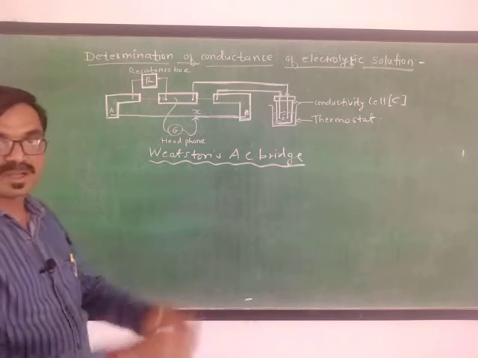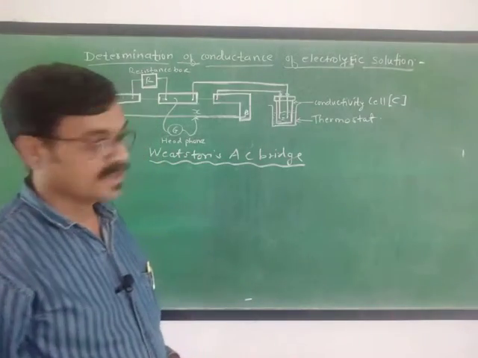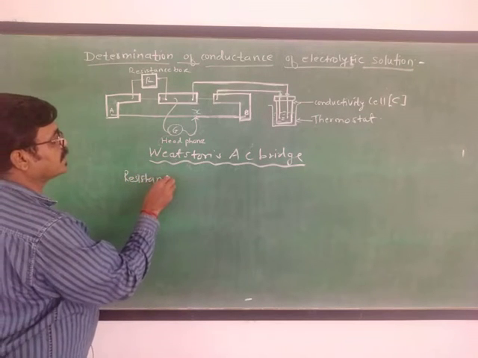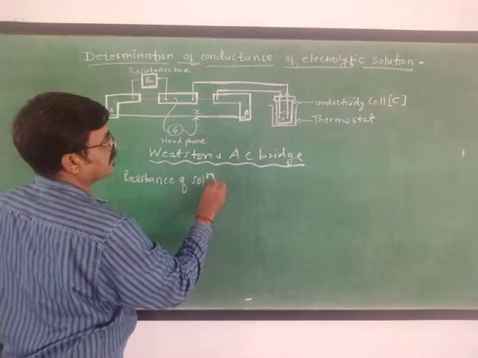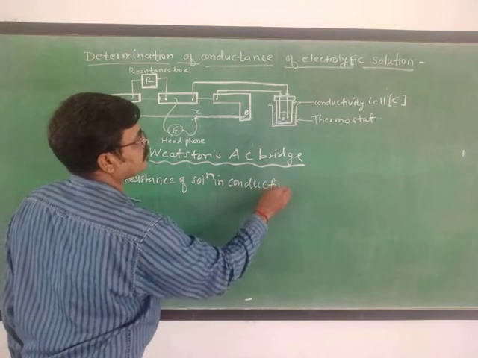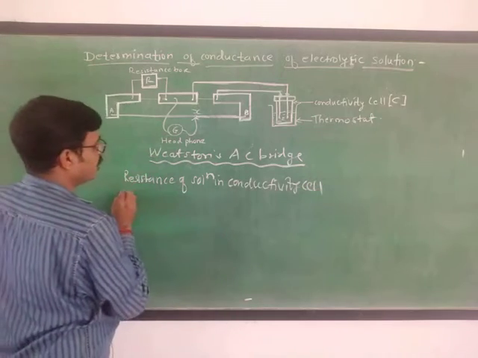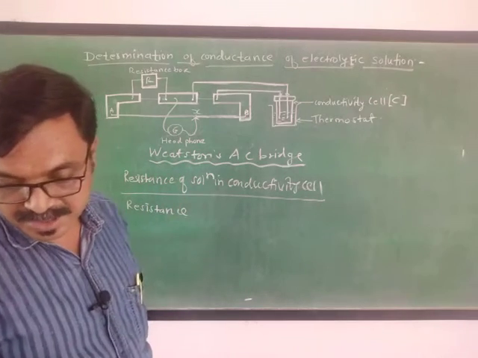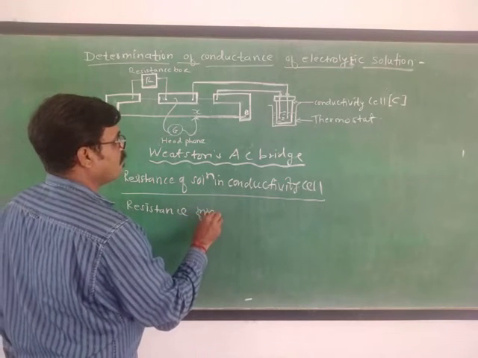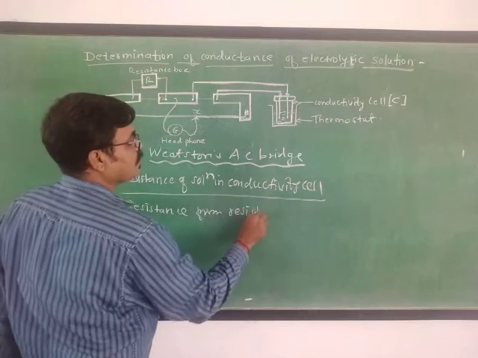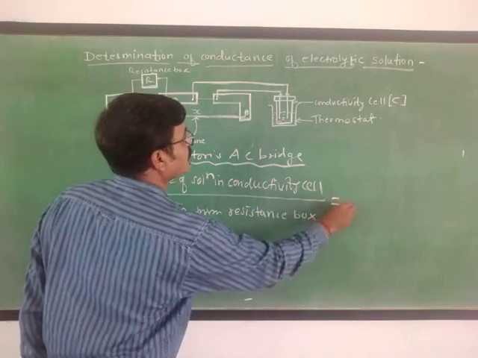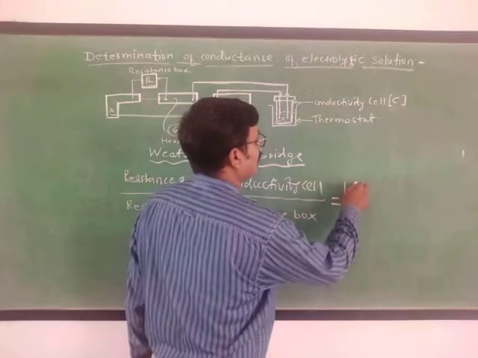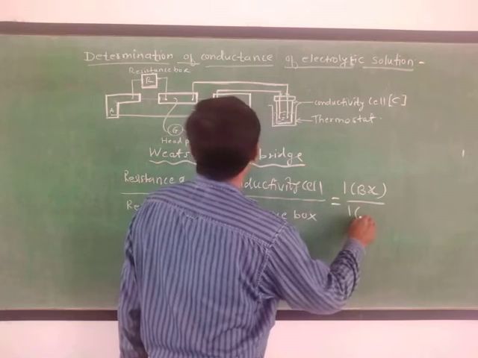When such a condition occurs, there is a relationship: the resistance of solution in the conductivity cell upon the resistance from the resistance box is equal to length BX upon length AX.